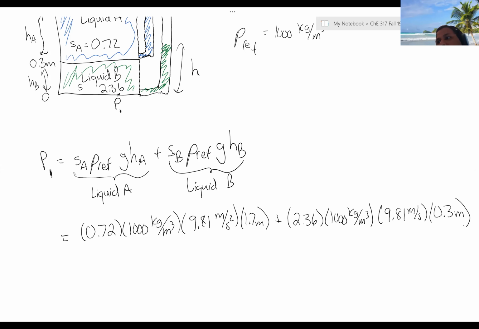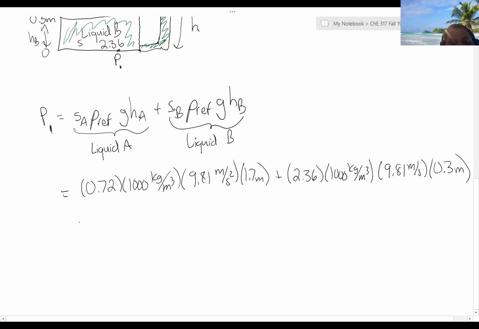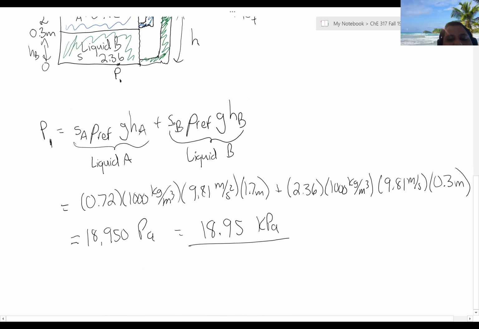So if we plug that in, let's see what we get. Should be about 18,950 pascals, which is 18.95 kilopascals.